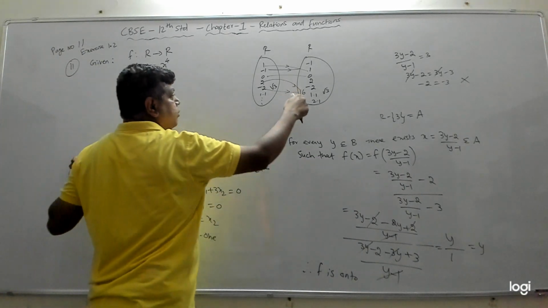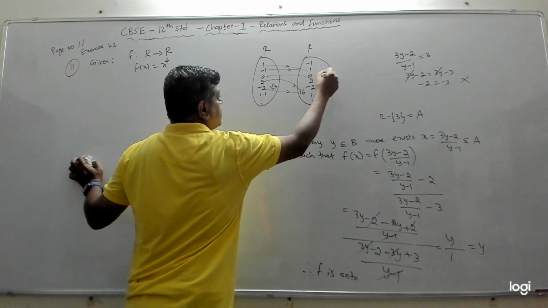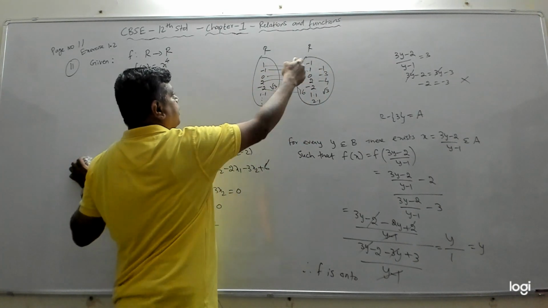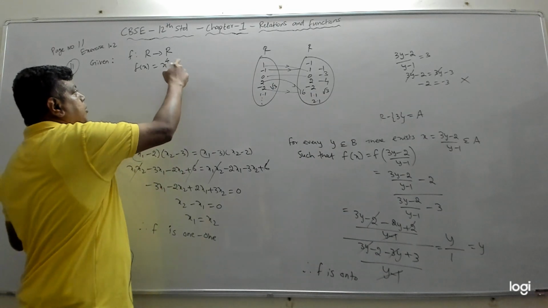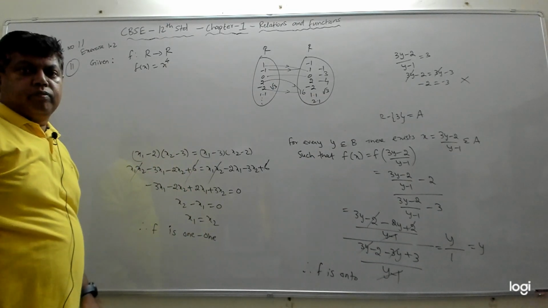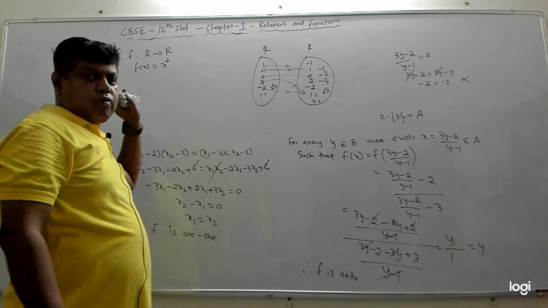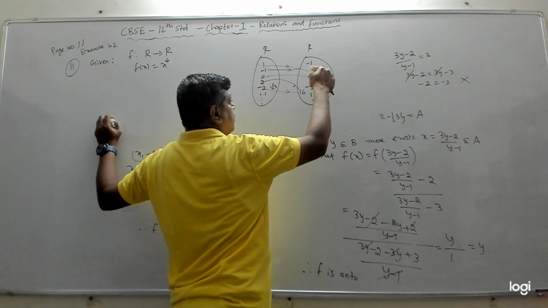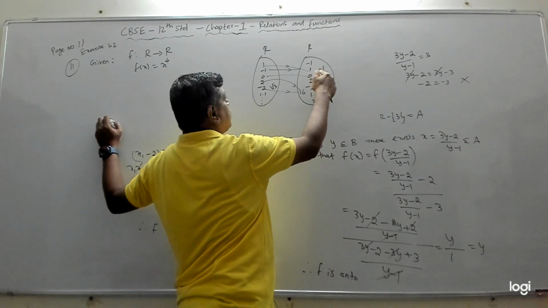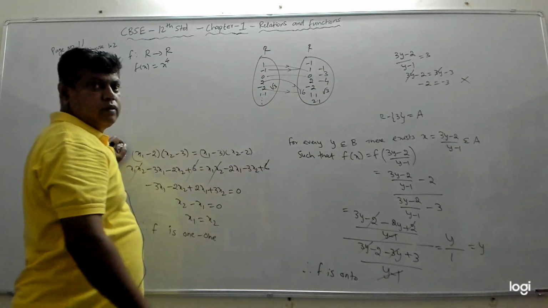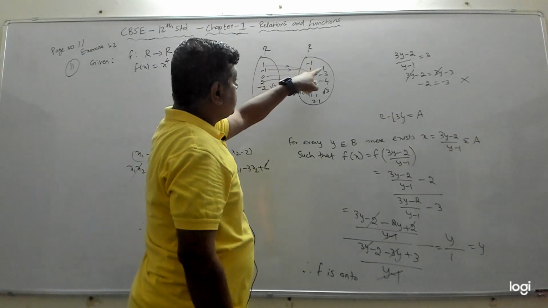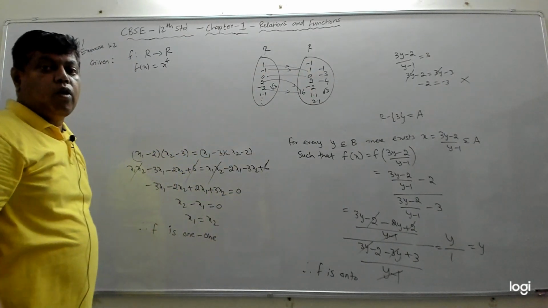So any negative value that you take, minus 4 or minus 3 or minus 1, whatever, you cannot find an element such that f of x is minus 1. You cannot get x power 4 as minus 1, because x power 4 is always positive or 0. So it is not onto, because we are able to find one element, minus 1, which does not have any element that gets mapped to it. Therefore it is not onto.